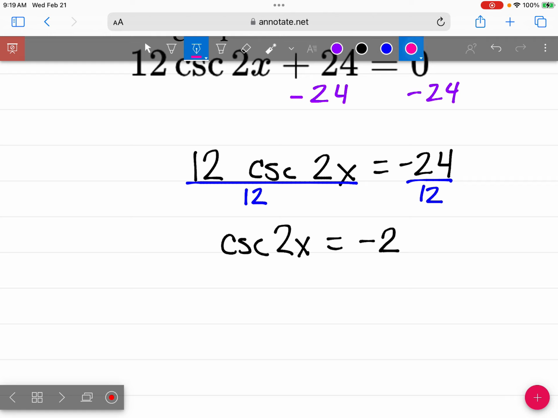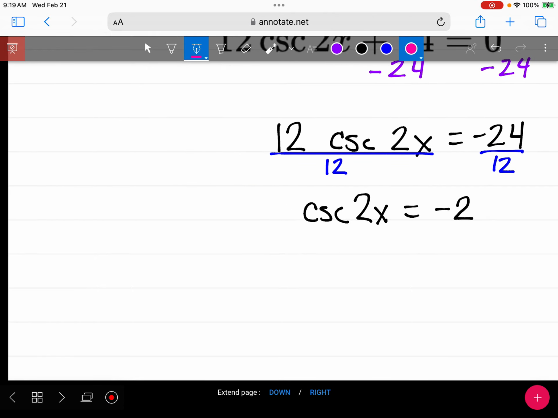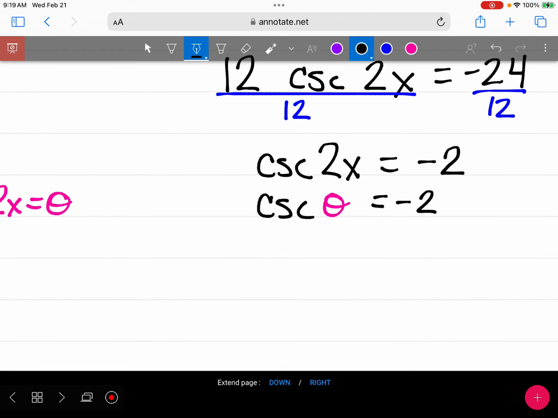Yeah, we can do the substitution thing. What do you want to put in place of the 2x? Theta? Totally fine. So now we have cosecant of theta is negative 2. Remember that cosecant is 1 over sine. If that step does not help you, you do not have to write that.